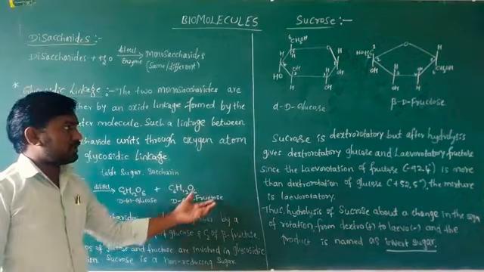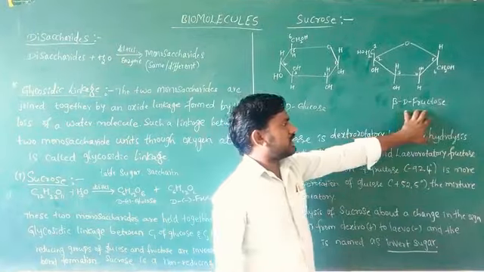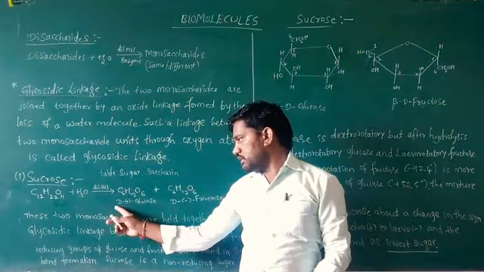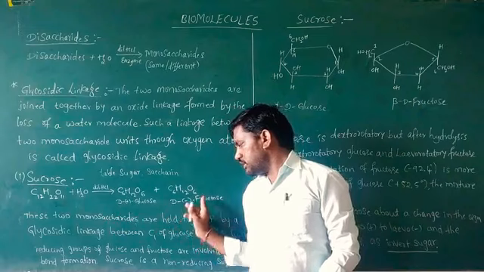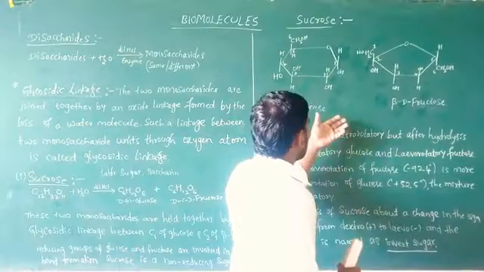The Haworth structures of glucose and fructose are these: alpha-D-glucose and beta-D-fructose.